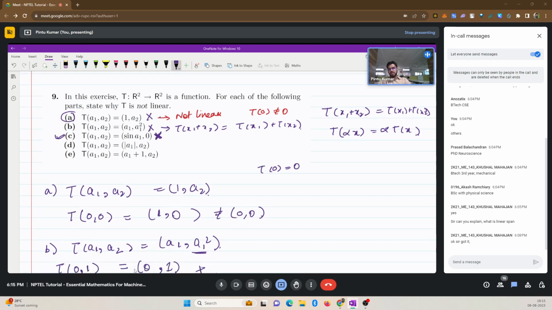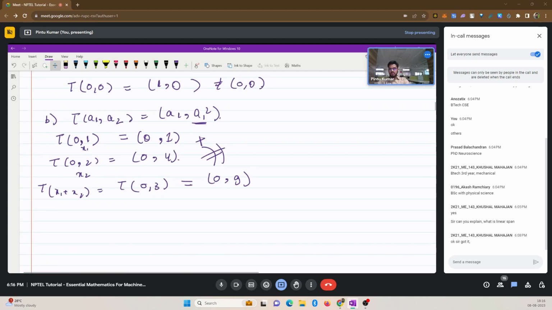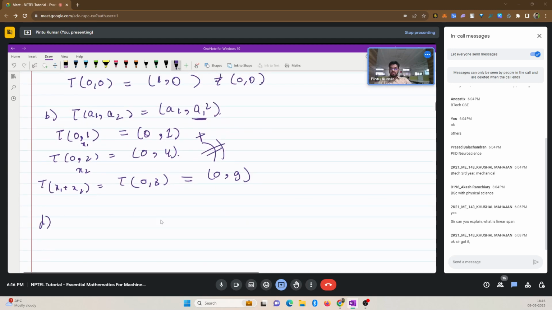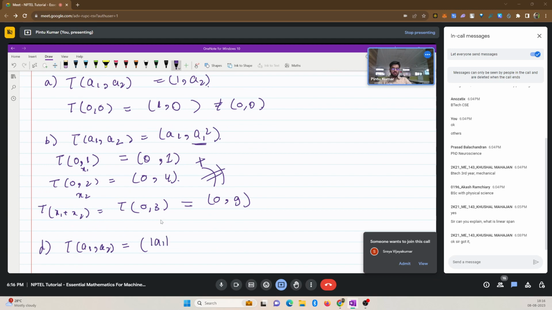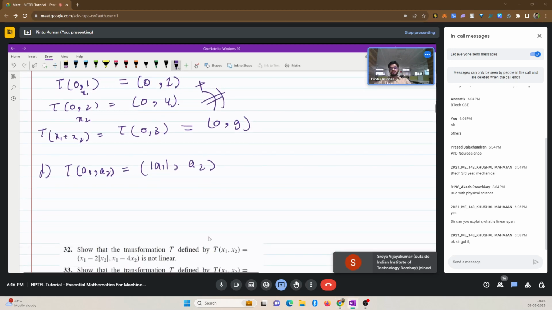Now, in the fourth example, what is the map? T of (a1, a2) is (mod of a1, a2). Let's say we take T of (2, 2).